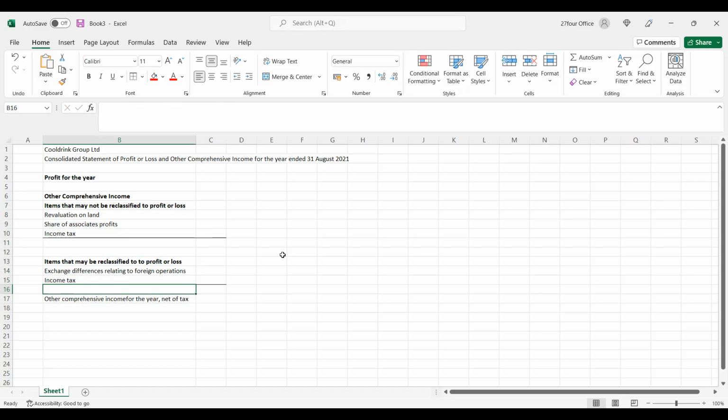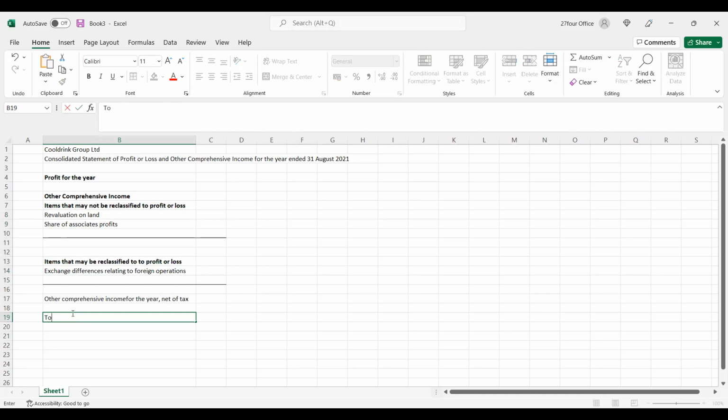So if you're not sure, you can look in a company's other comprehensive income. If you see a separate line item, income tax, then you know these amounts are gross of tax. If you don't see income tax, then it is safe to assume that these amounts are net of tax. So that's how you can pick it up if it's not crystal clear.